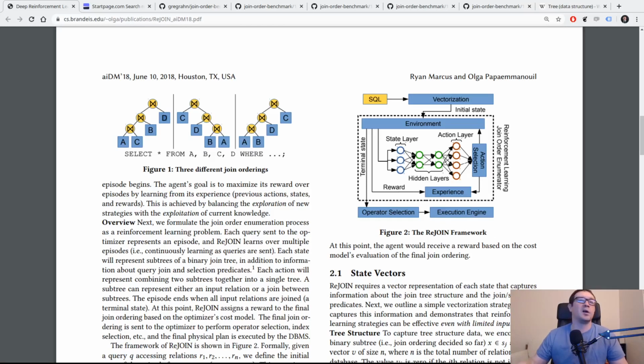Of course, that does all this stuff with deep reinforcement learning, where it selects actions, executes the actions, gets its reward, and updates its, in this case, it's a policy gradient method. It's going to update its policy to maximize its total reward over time. And the stuff from the environment gets passed out to the operator selection and execution engine.